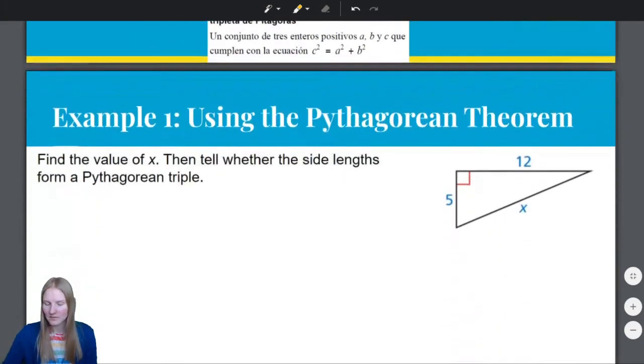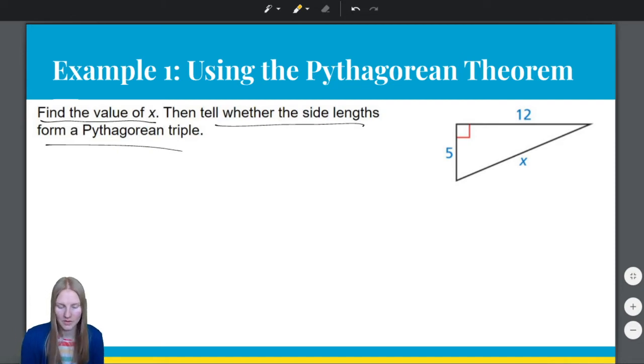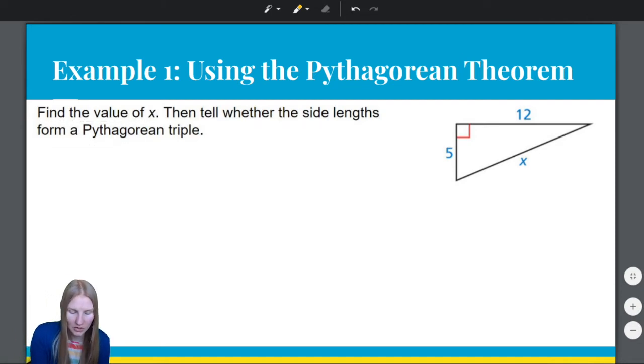Now, let's do our first example using the Pythagorean theorem. We want to find the value of x, and then we want to tell whether the side lengths form a Pythagorean triple. So there's 2 parts to this question.